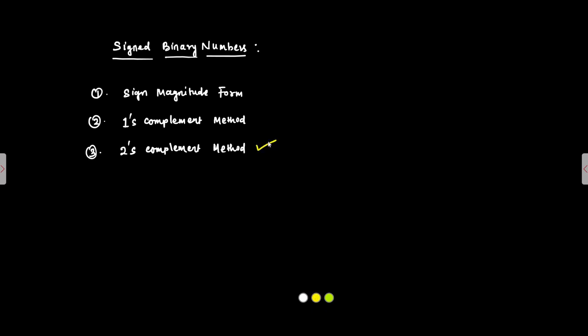Okay, these three, out of which this 2s complement method is very popular, and it is most commonly used in all the digital circuits that you will see. But if you want to understand the 2s complement method, you need to be very thorough about sign magnitude and 1s complement. Okay, so we'll be discussing them.